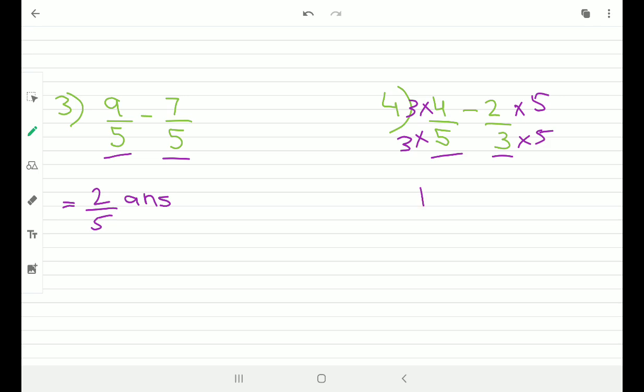So my fraction will be 12 over 15 minus 10 over 15. Now the denominators are same. I can simply subtract the numerators. So it is 2 over 15. This is my answer, as I cannot simplify it further.